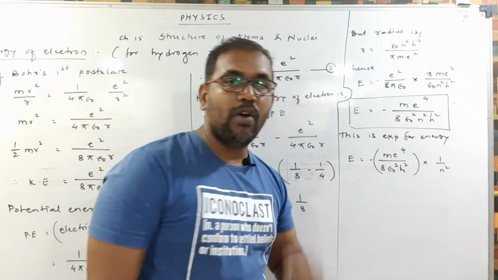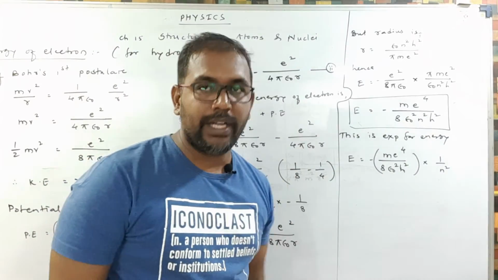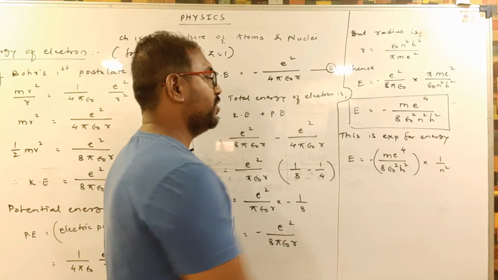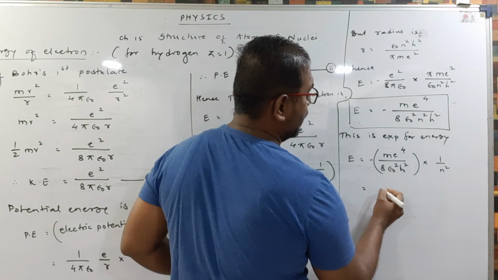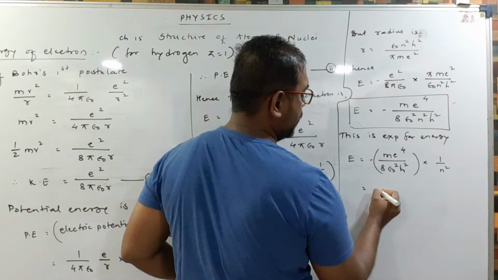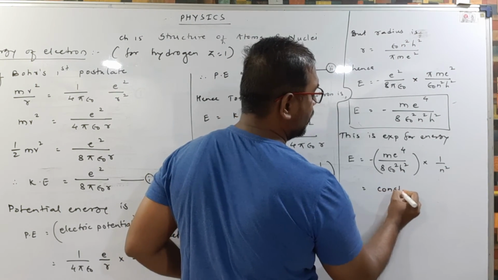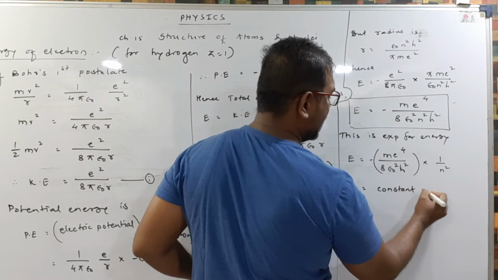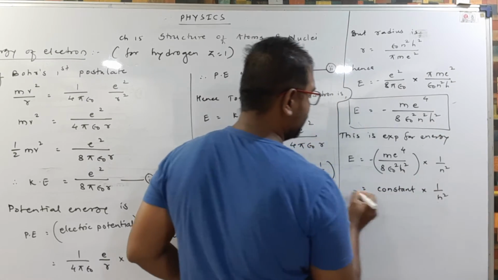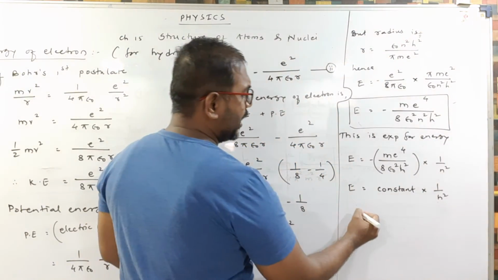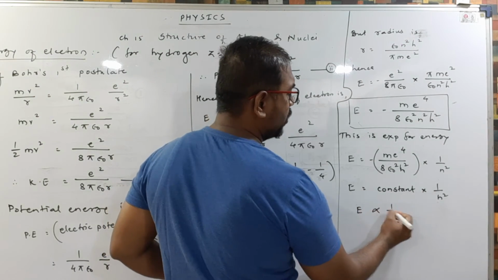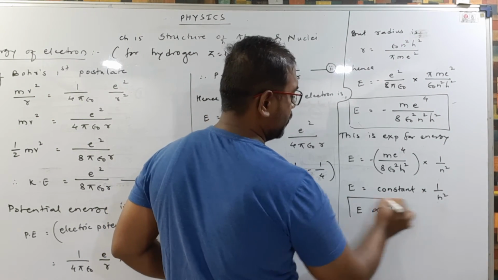Only this principal quantum number n I have written to that side. So minus into this constant, or constant I write into this 1 by n square. So I can write here E is proportional to this 1 by n square.